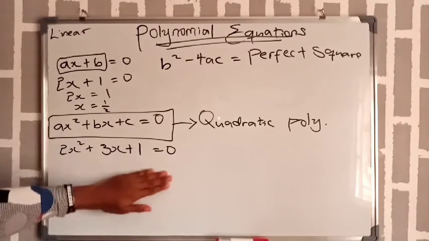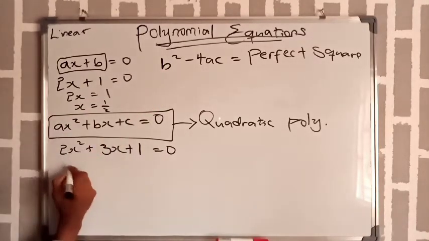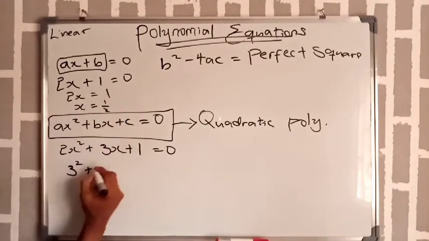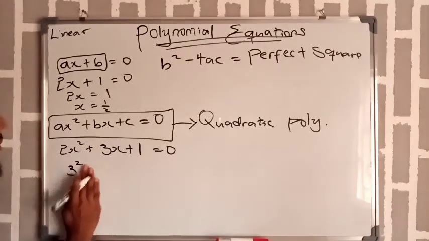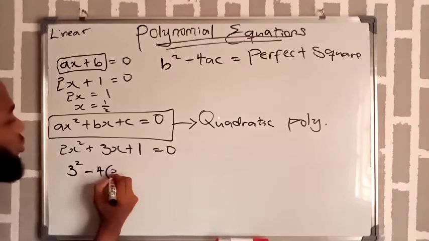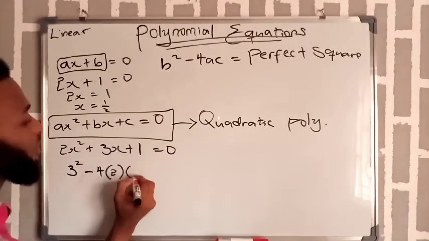So let's just try with this example. I brought it out of my head. I don't know if it's a perfect square or not, so let's see. b in this case is 3, so that's 3 squared minus 4, then a is 2, then c is 1.